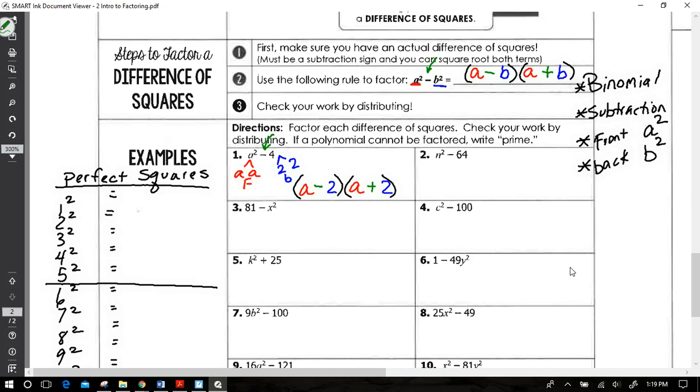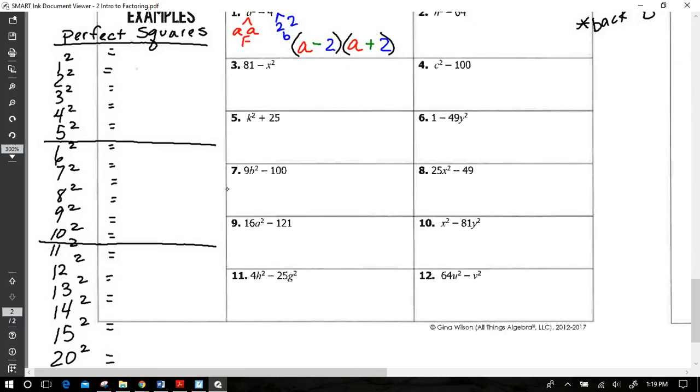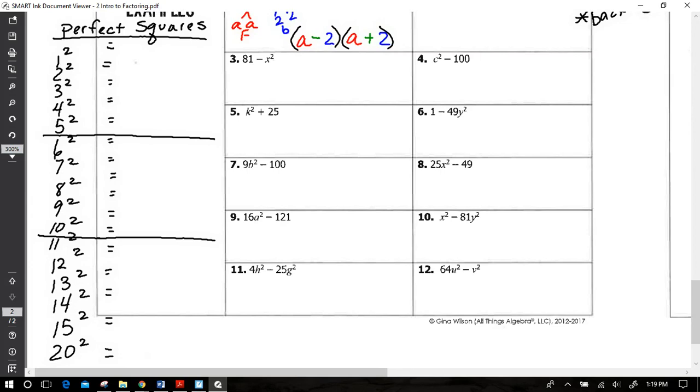So the only other little note that I really need to add out to the side here is that some people don't know all of their perfect squares very well. So I'm going to give you 1 through 15, and then also 20 is good to know. Okay, so 1 squared is 1, 2 squared is 4, 3 squared is 9, 4 times 4 is 16, 5 times 5 is 25, 6 times 6 is 36, 49, 64, 81, 100.